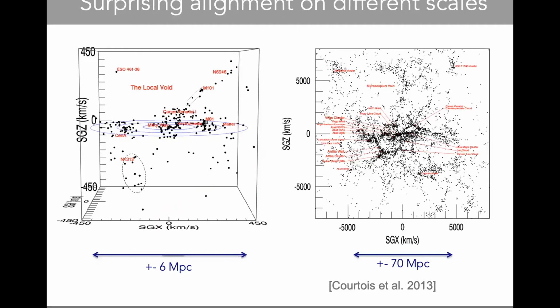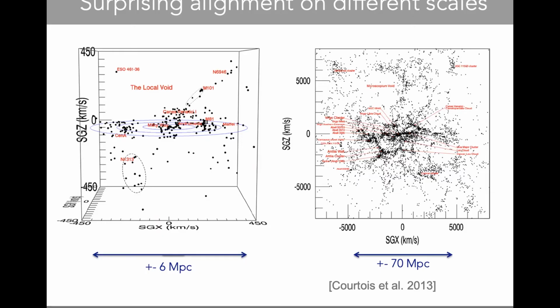Now it's interesting to look at the monopole, and one of the striking things is to look in papers, for example, from Helene Courtois, who works with Tully. It's very striking that if you look into the very nearby universe at just 6 megaparsec, you find all the galaxy groups ordered in one plane.